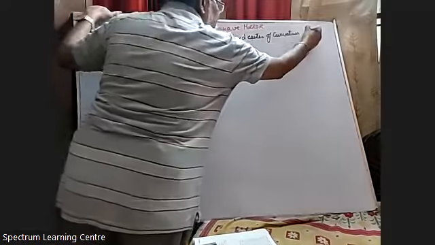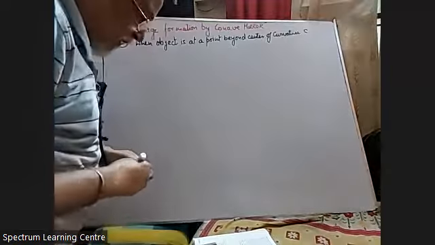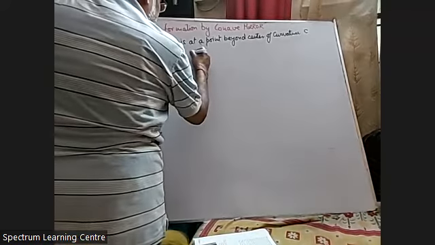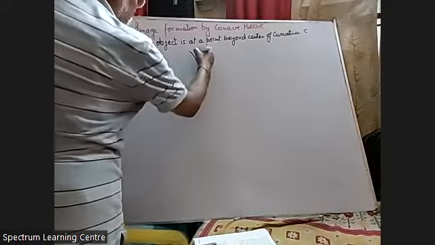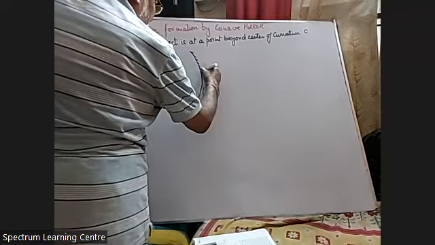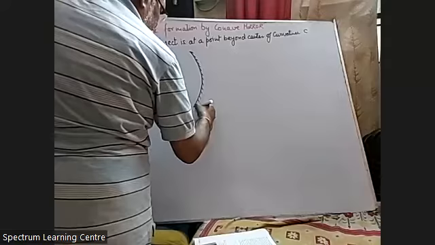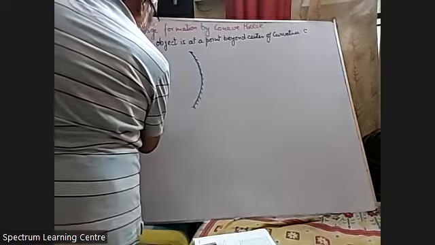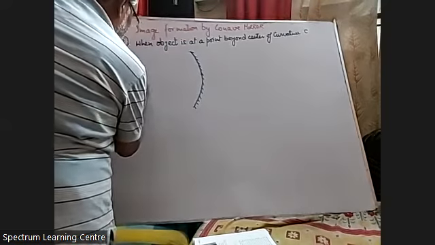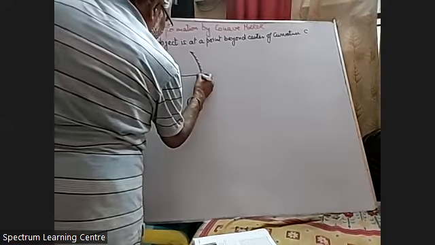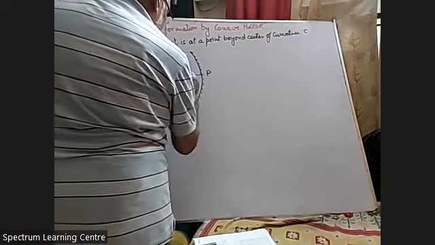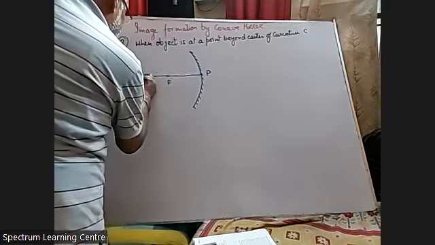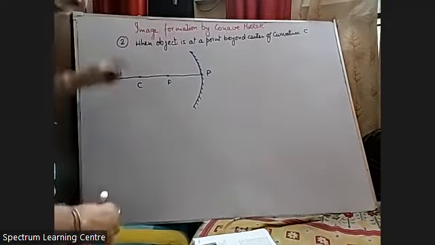Okay, that is C. So let's make a diagram first. Suppose this is my concave mirror. This is the pole, and this is the principal axis. P, F, and say this is C, right?